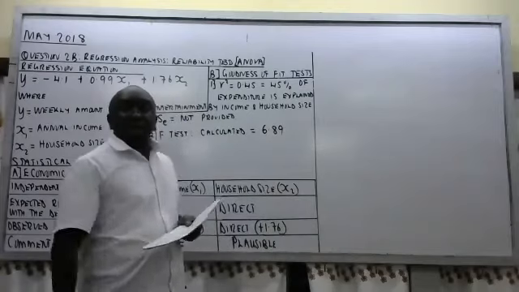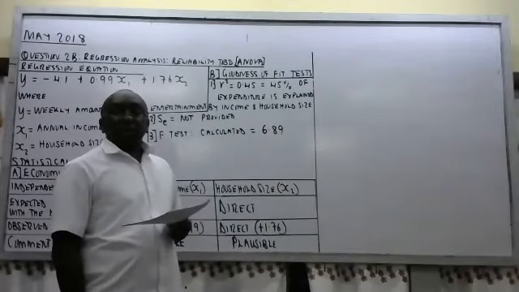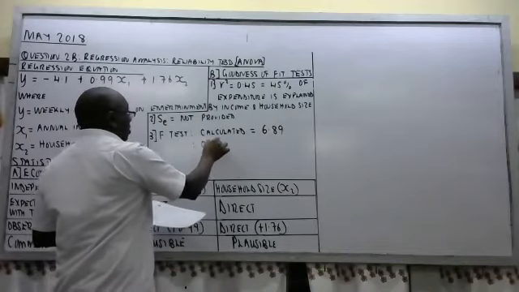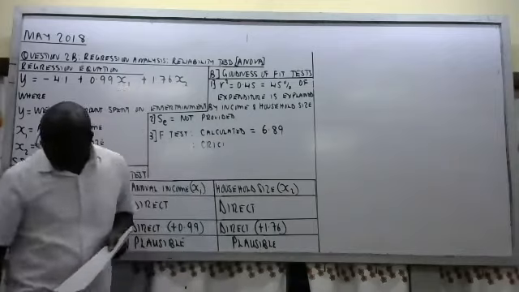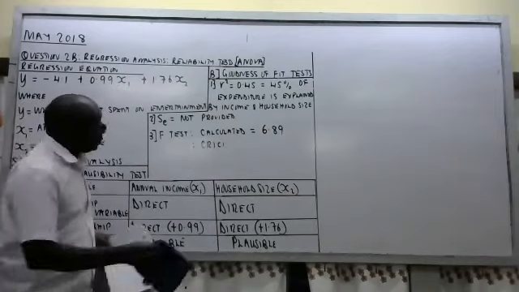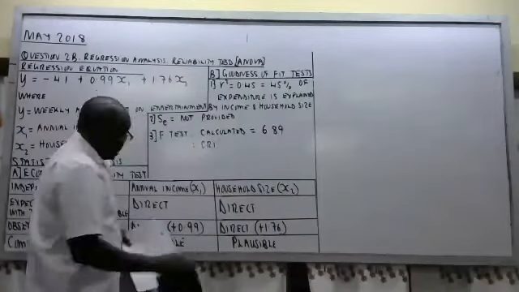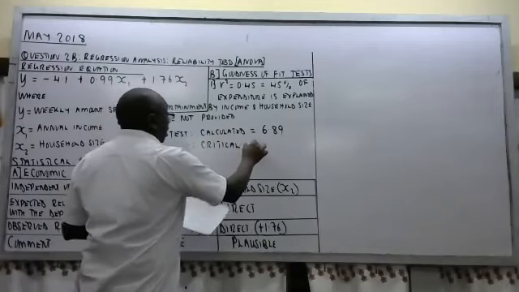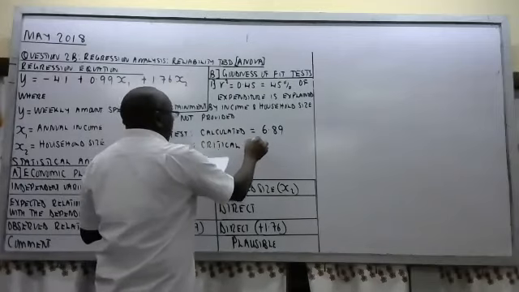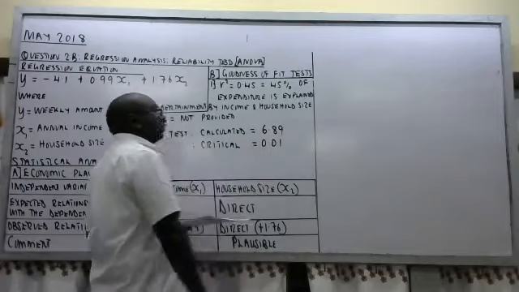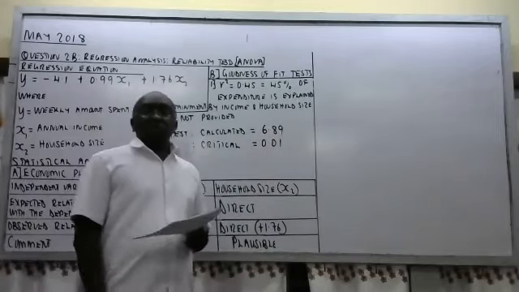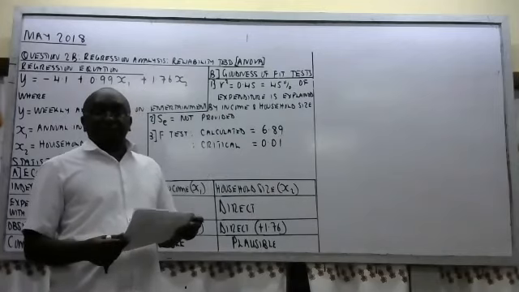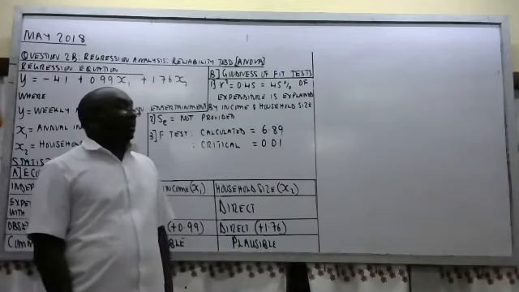I hope you're able to see that. And then critical is 0.01. Remember, we were advised to use 2 decimals. The critical is the one written as significance F.